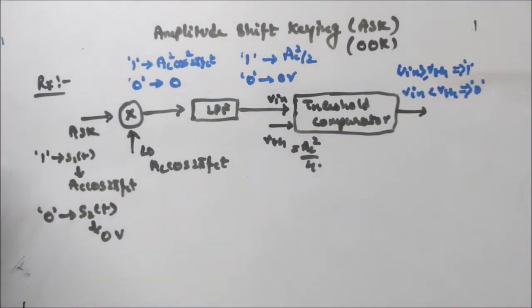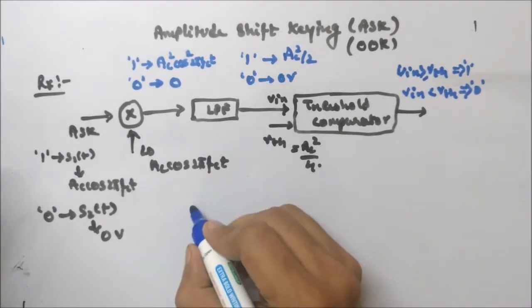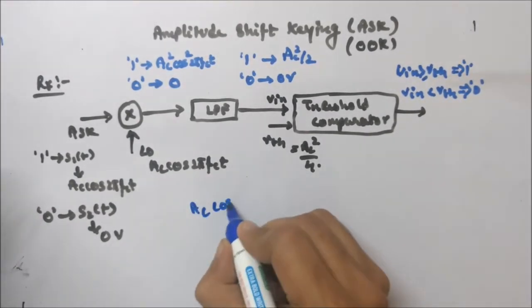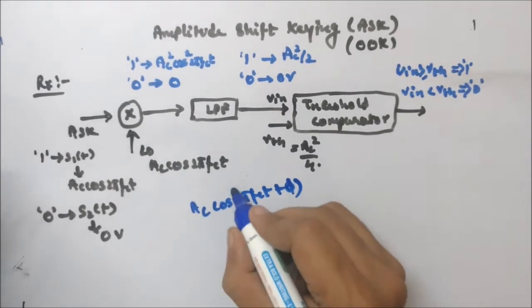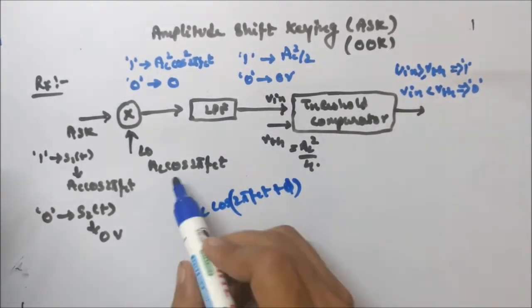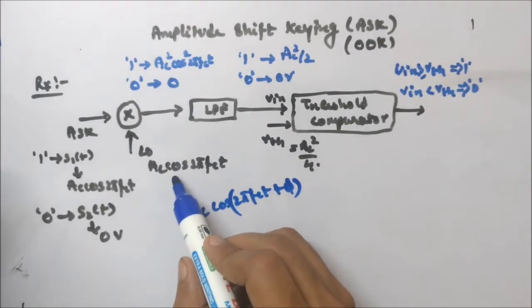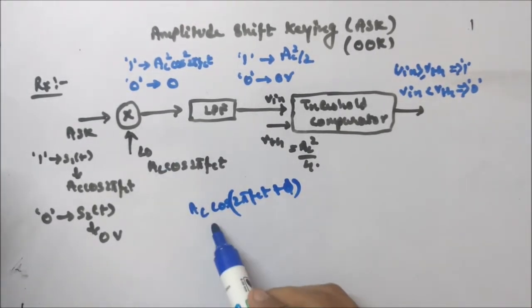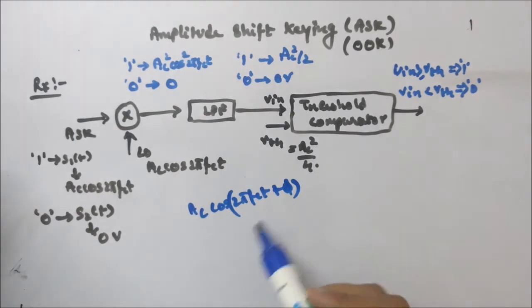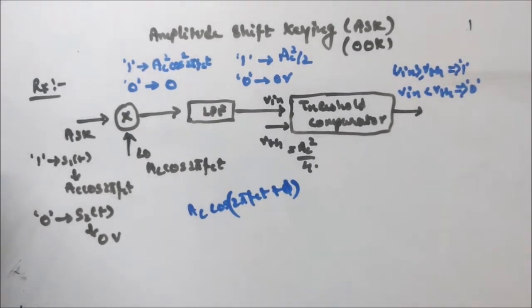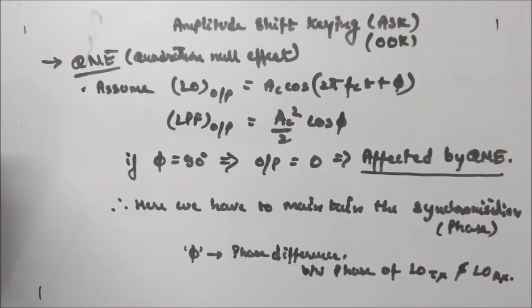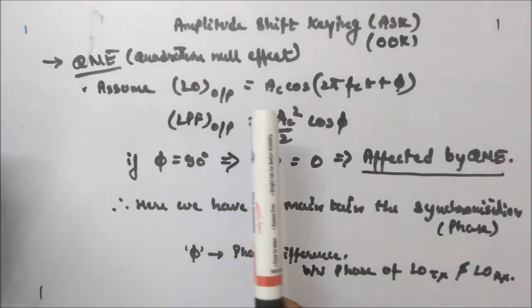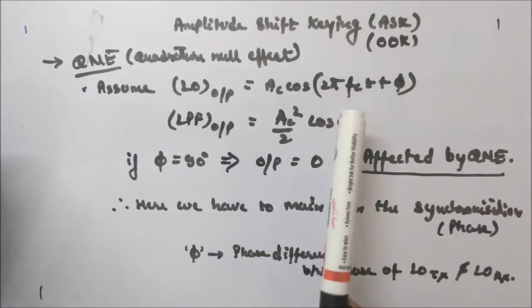Now we are going to look at one more thing. Let's see what will happen when your local oscillator has some phase difference.